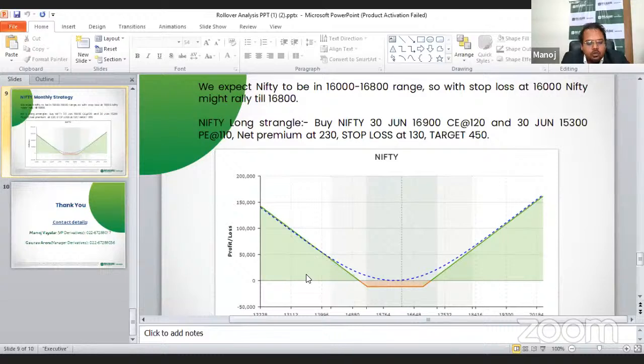A put call ratio of 2 means there is twice the amount of support that strike might get compared to the call. Same way on the upside, let's assume 16,500 as a strike, there is a total open interest of 1 crore in the call option, and for the same 16,500 put option the open interest is just 50 lakhs. So the ratio comes to 0.5.